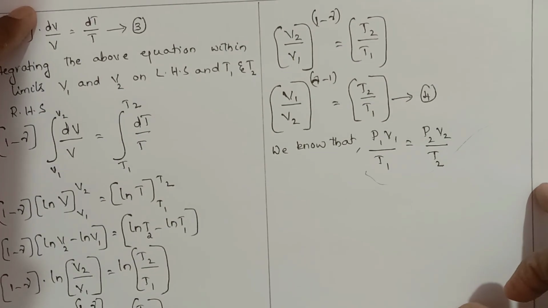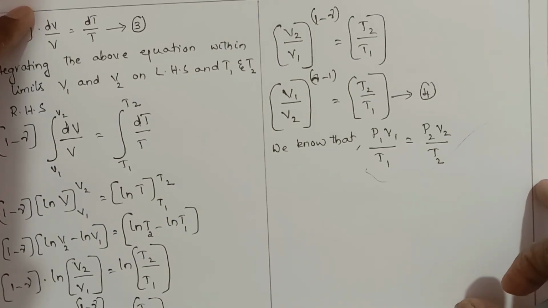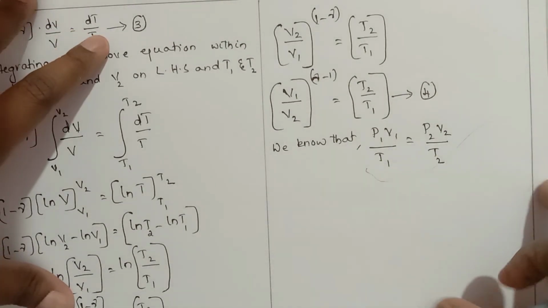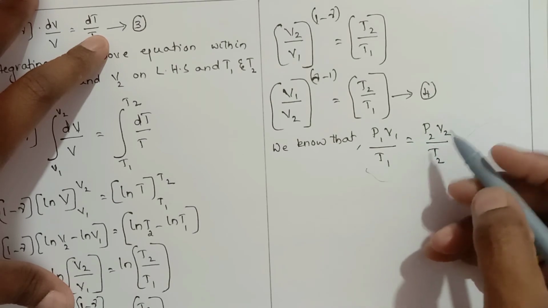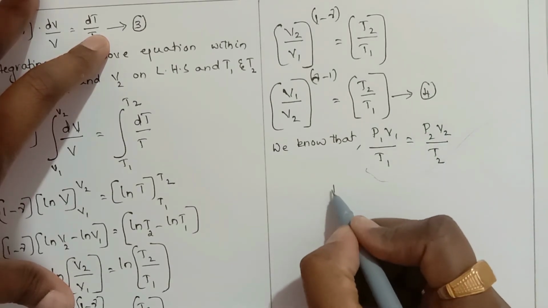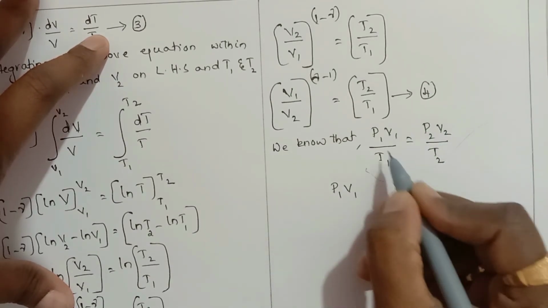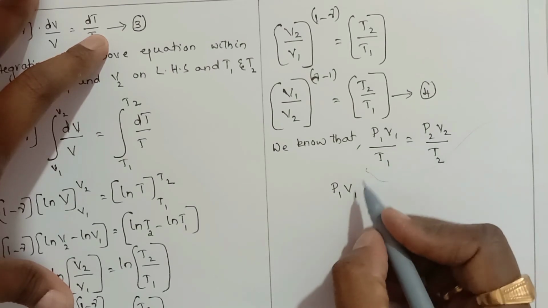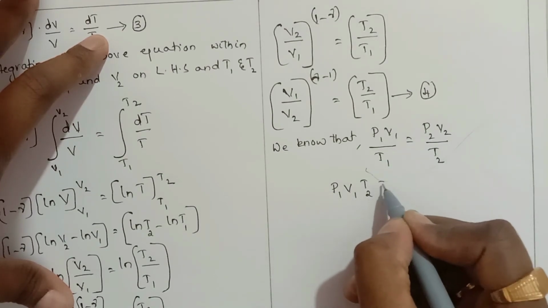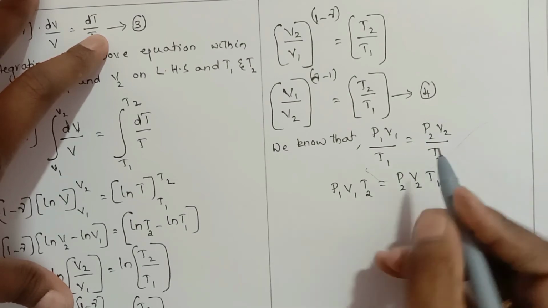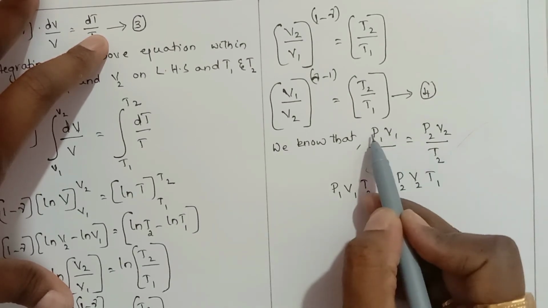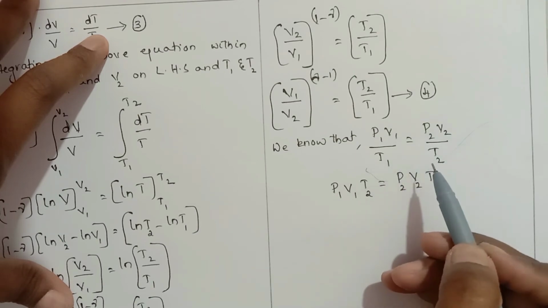From this expression, P1 V1 by T1 equals P2 V2 by T2. Look here, students, if you do the cross multiplication, we get P1 V1 into T2 is equal to P2 V2 into T1.